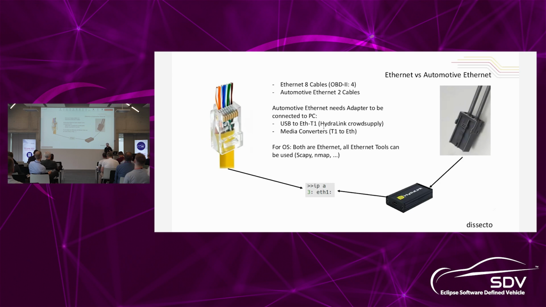But then it will also come up for the operating system as Ethernet. So all tools that I can use for Ethernet, I can also use for automotive Ethernet. The ISO-OSI layers are exactly the same. We also use Ether frames, IP frames, and so on. So there's no difference at all.